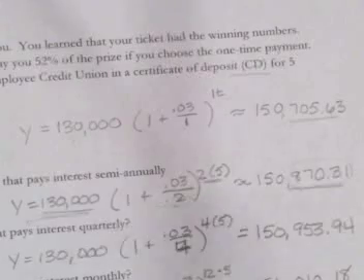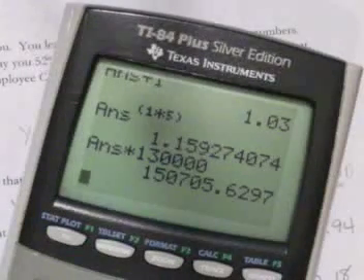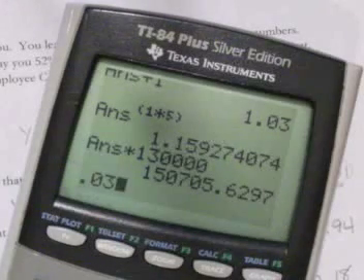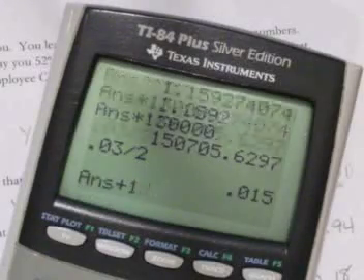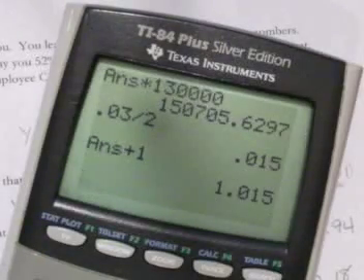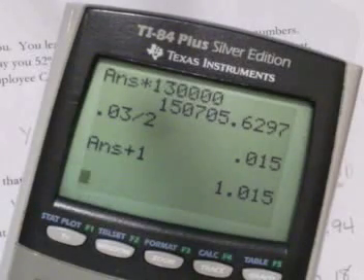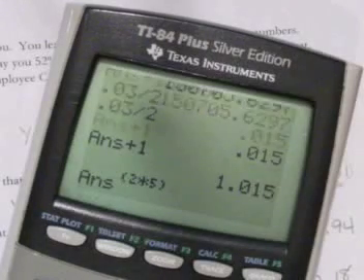compounding period. So I want to show you again the keystrokes that I use in order to sort this out. I take 0.03, which is 3% interest, and I divide that by 2. And then I add to that 1. That's inside my parentheses, so order of operations says I have to do that first. And then I raise this to the 2 times 5 power.